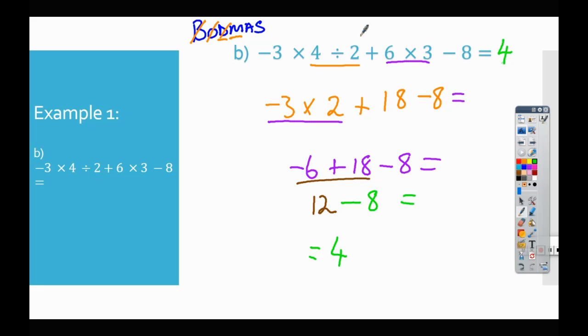Now notice how we had a division here, but this could have also been 4 over 2. Okay, it's just the same thing as a fraction. So just take note of that one as well. Alright, so this is where we get 4.